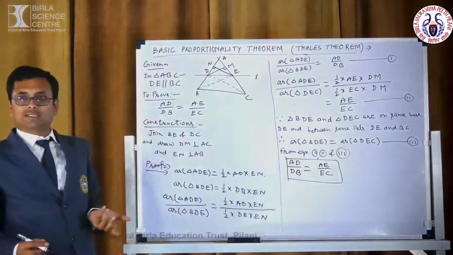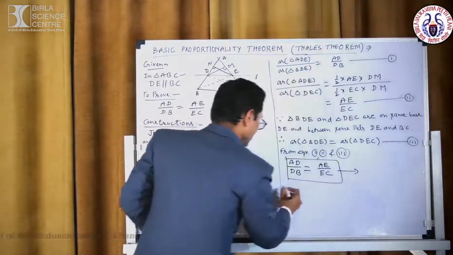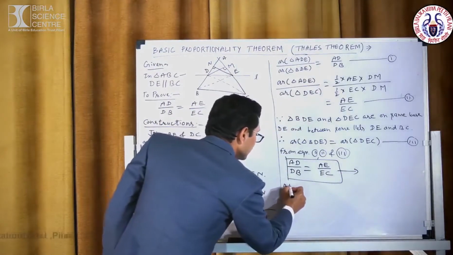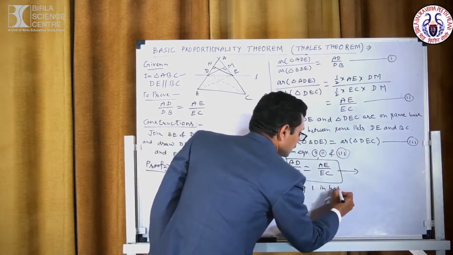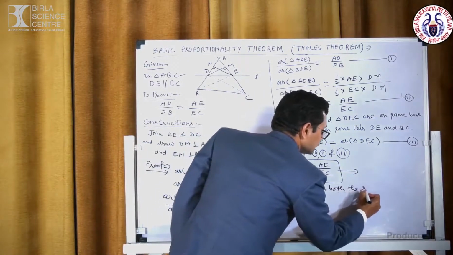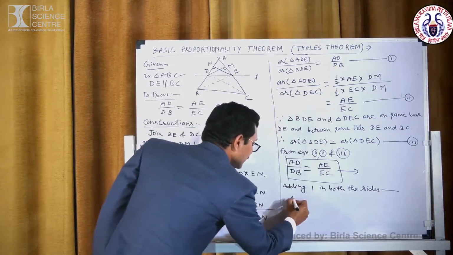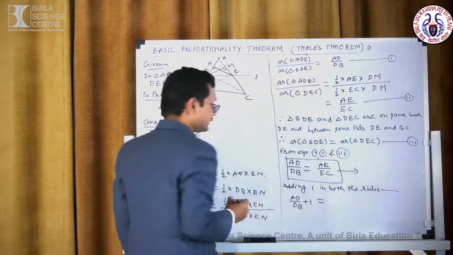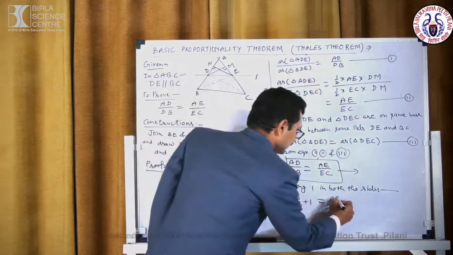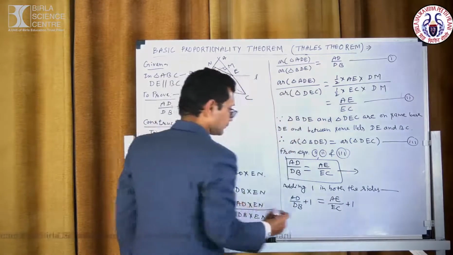We can get some more results from this result, like adding 1 on both sides. AD upon DB plus 1 is equal to AE upon EC plus 1.